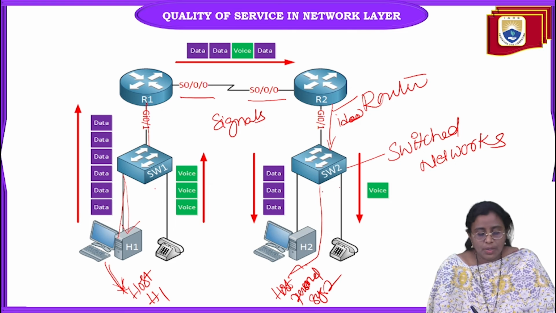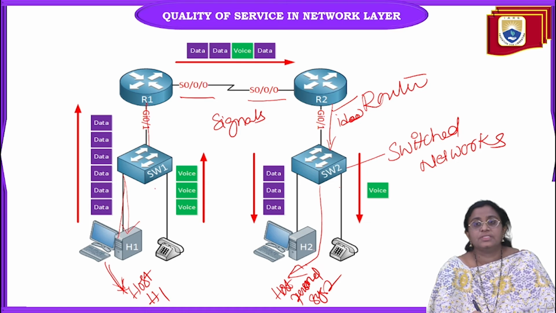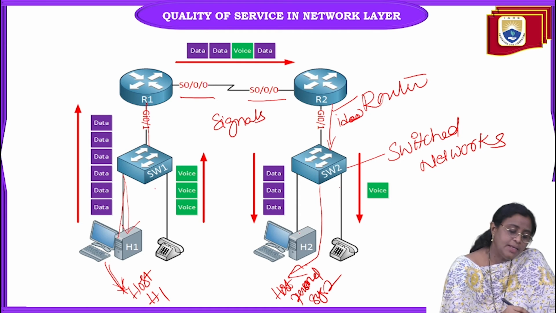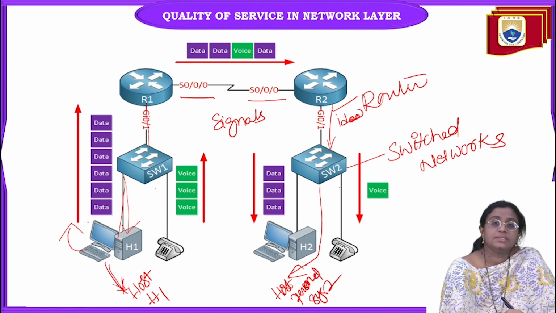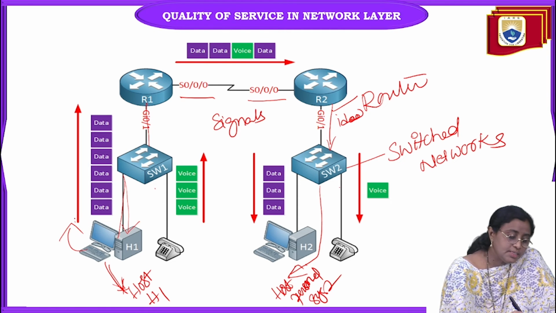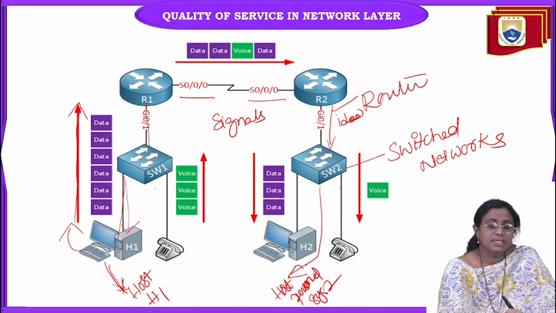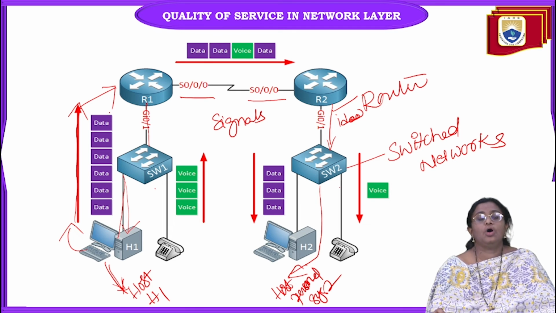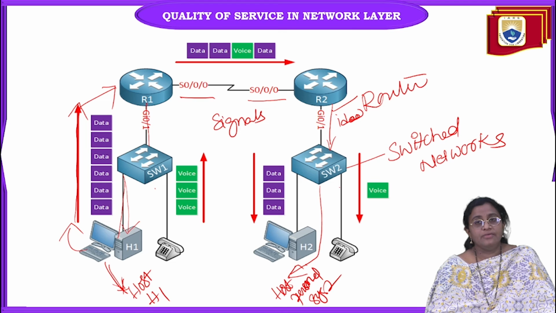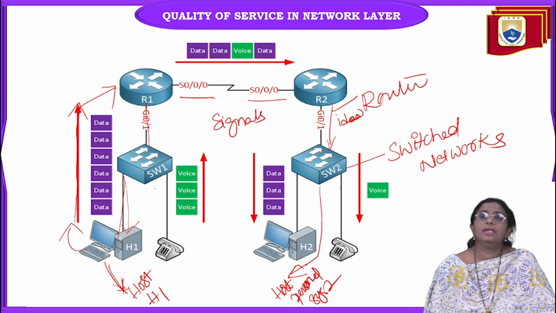And here SWT is connected by means of a host to system 2. Again, from this personal laptop or PC, the signals will come. Whenever it receives, it converts and retransmits to the connection we have already developed. This is one example of quality of service in the network layer.